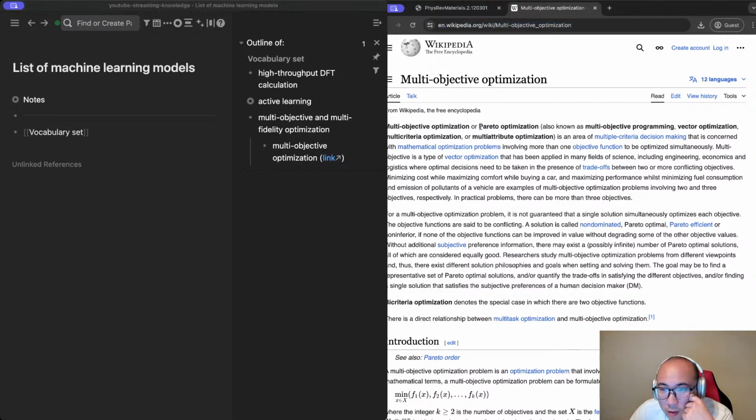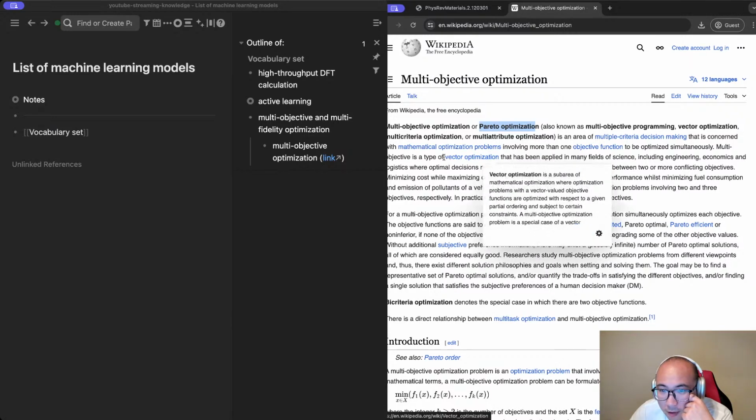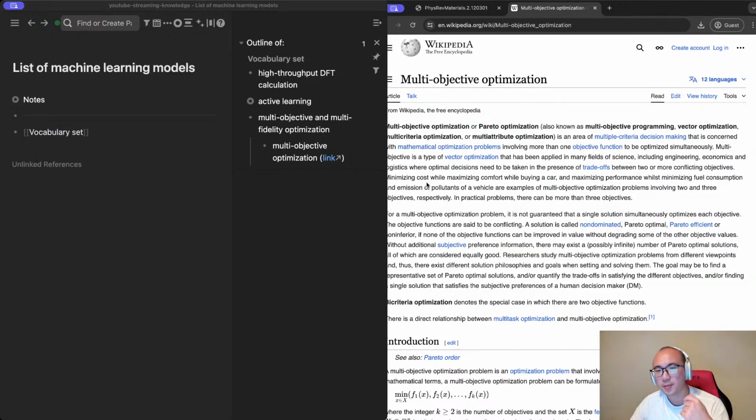Multi-objective optimization is an area of multi-criteria decision making. It is a type of vector optimization that has been applied in many fields of science. Vector optimization: vector-valued objective functions are optimized. So the optimization is not technically one value.